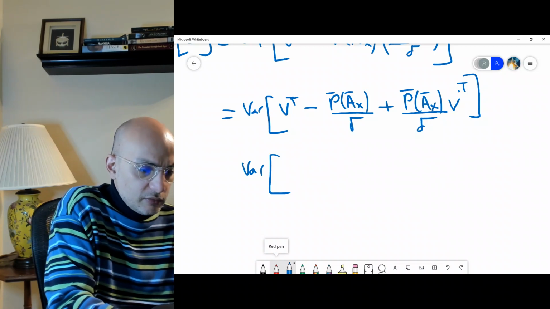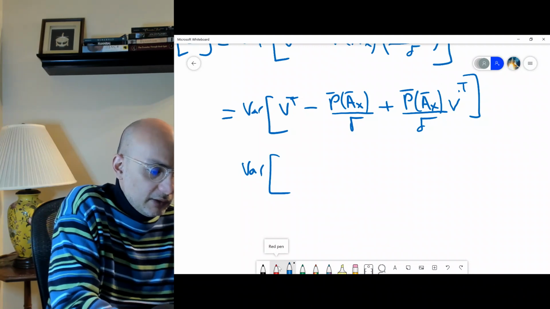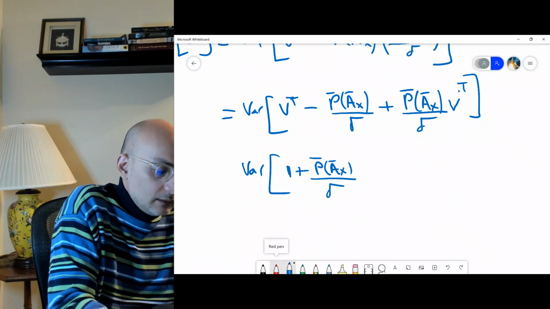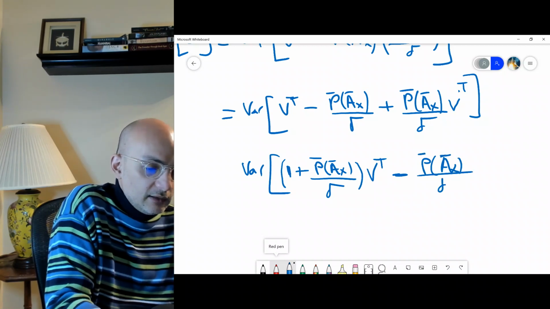If you take this one and you factor the whatever is left, Vt is multiplied by 1, and then there is a plus here, and from here you have this is a constant divided by delta, and now everything here is Vt, right? What is left here is minus the premium is constant, remember, it's just like a number we calculated that we charge, and delta.